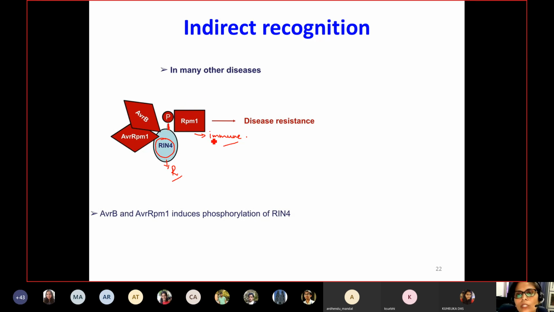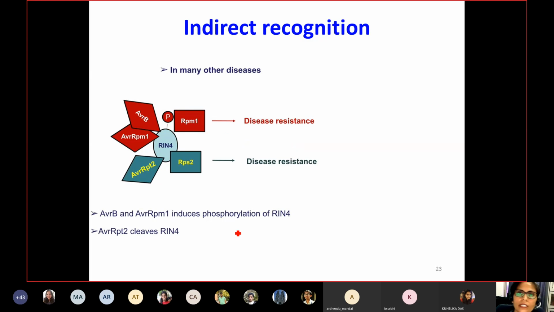And by doing so, they are creating disease resistance. That means the plant is not susceptible anymore. This way of recognition is called the indirect way of molecular recognition from AVR to R gene. Another example: this is another R gene and AVR gene. In this case, when it binds to RIN4, it cleaves it into two different parts.